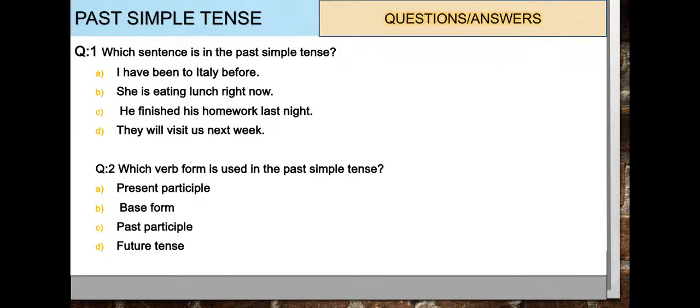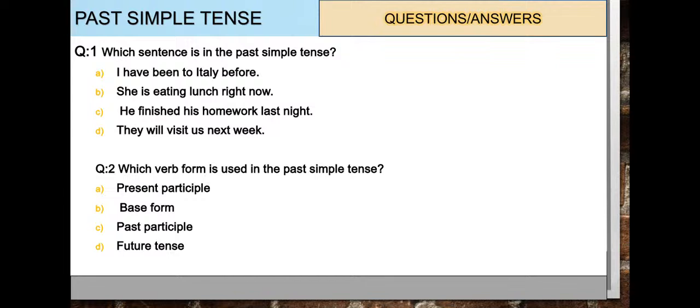Try to solve them by yourself, and I will also be trying. I have prepared all these things, but I didn't check any of the answers. If I couldn't solve, that's pretty okay, not a problem at all. I will be giving answers in the description. If we couldn't do so, please check out the description for the answers. Don't worry about it.